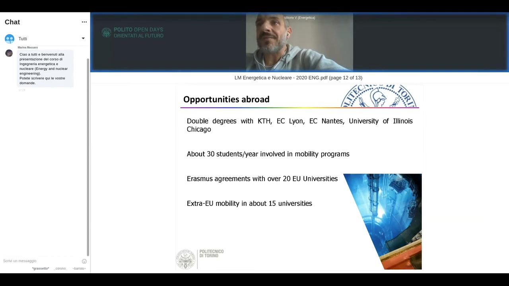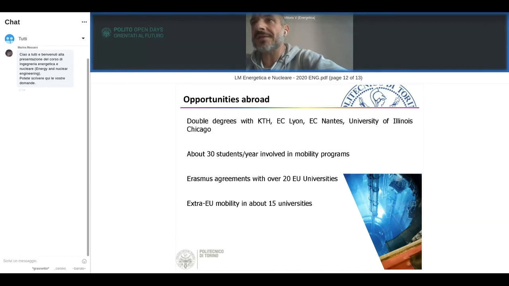Roughly speaking, about 30 students per year are involved in mobility programs, mainly through Erasmus agreements. We have Erasmus agreements with about 20 universities in Europe, plus some extra-EU mobilities in China, Japan, Korea, South America, etc. And these are with about 15 different universities.